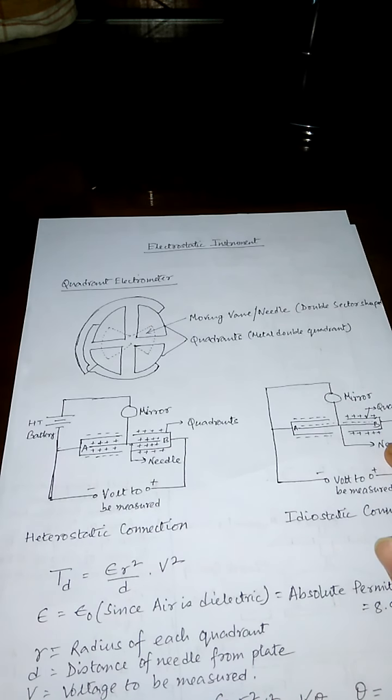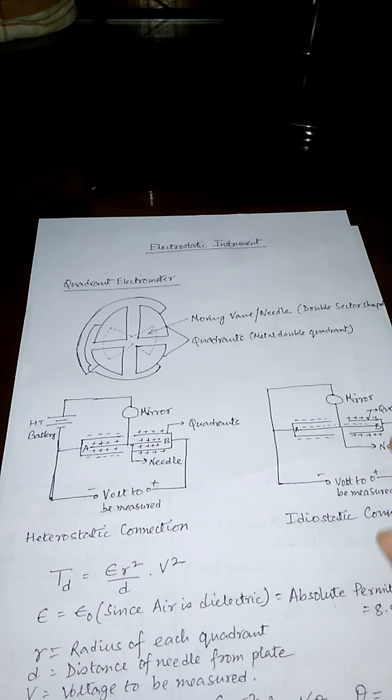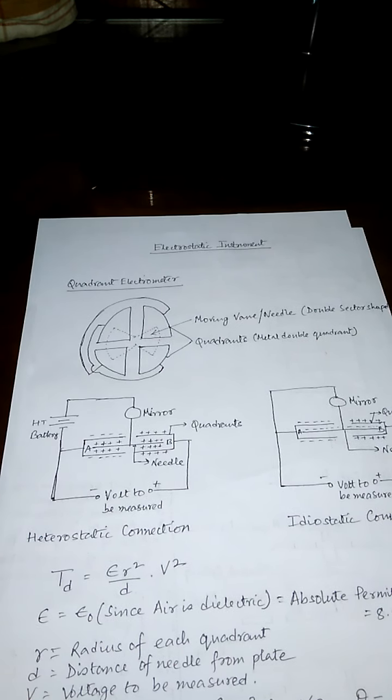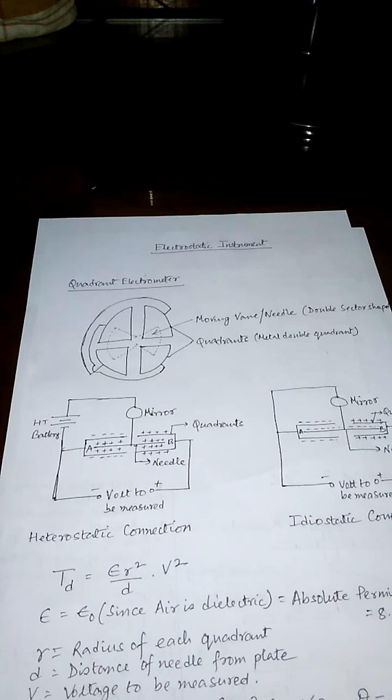Last day we did an introductory class of electrostatic instruments, where we discussed the principles of basic electrostatic instruments, the types of electrostatic instruments and the torque equations of electrostatic instruments. Also we discussed the advantages, disadvantages and applications. Today we will do further discussion about the different types of electrostatic instruments.